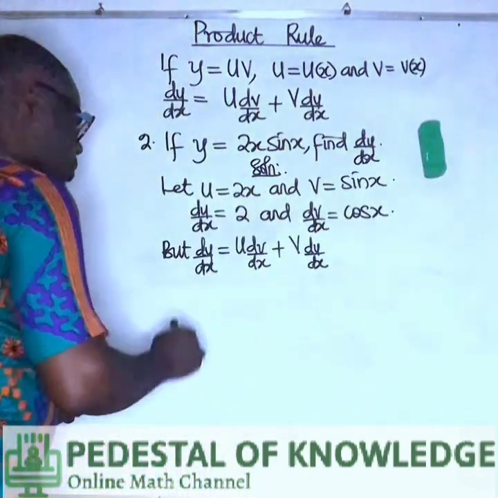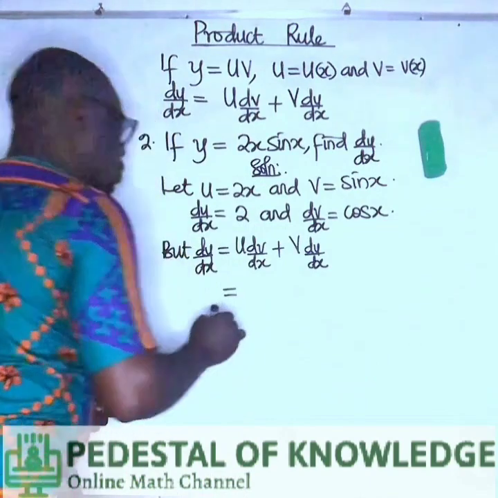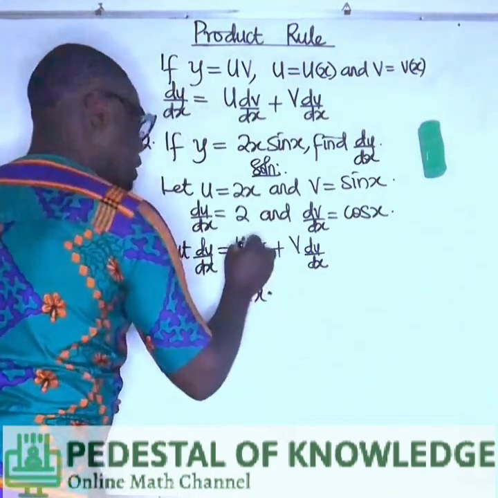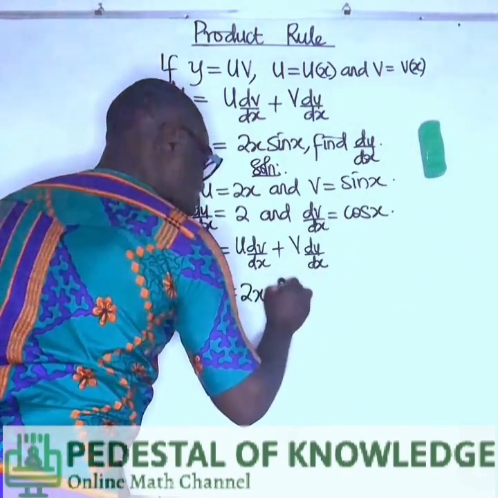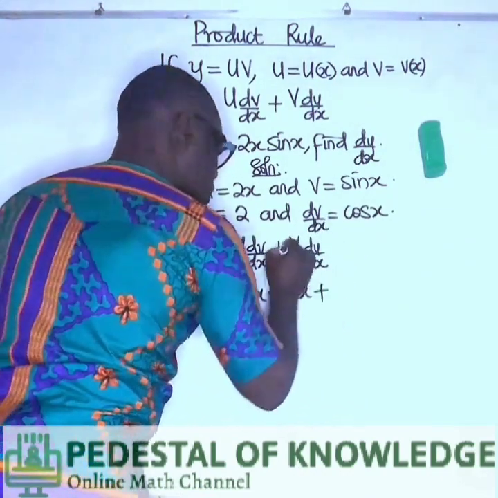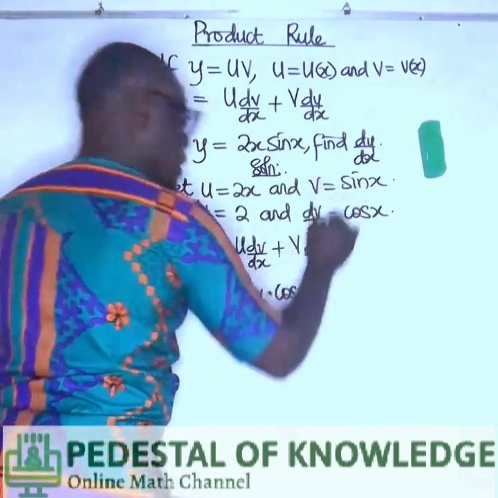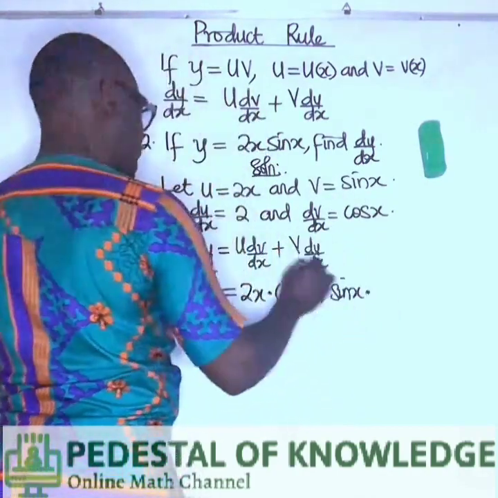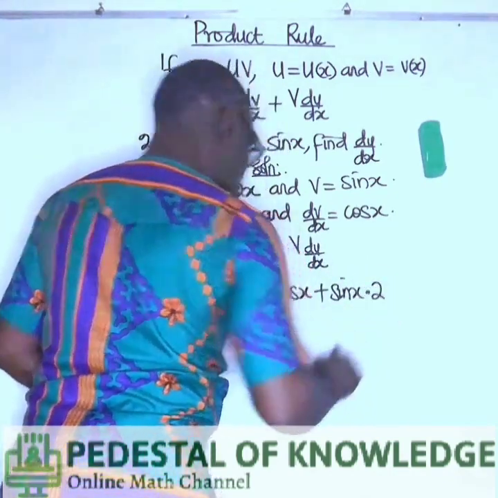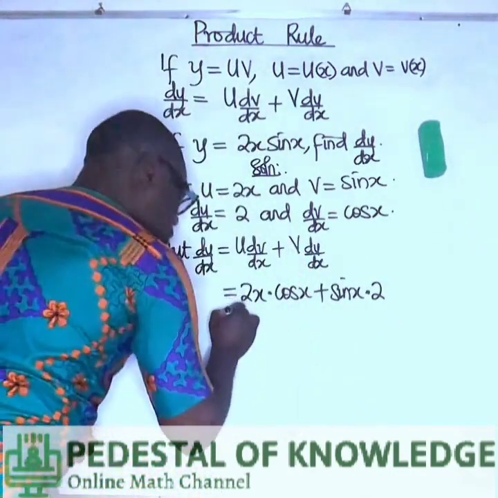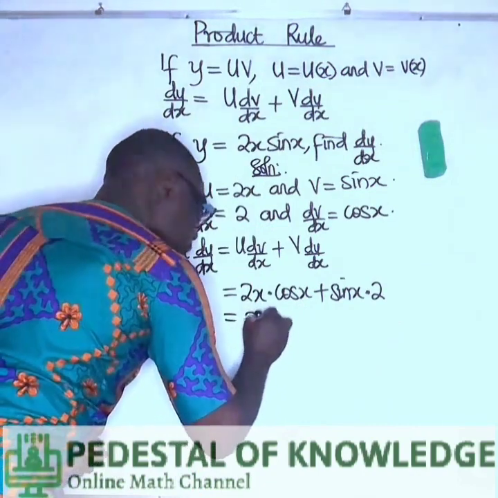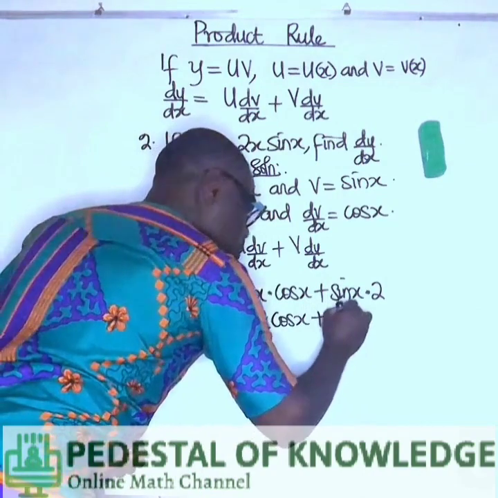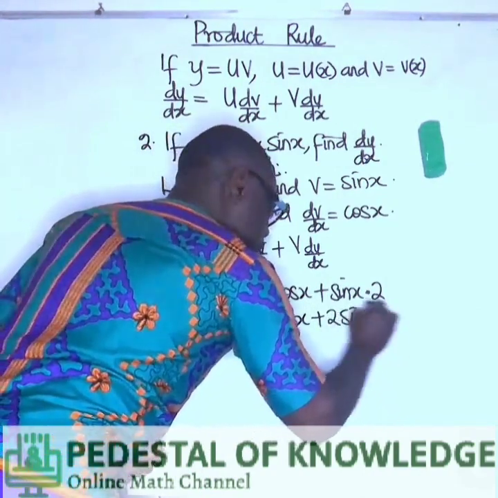All right, so dy/dx is equal to, u is 2x, you put 2x there, multiplied by dv/dx is cos x, then plus v is sin x, multiplied by du/dx is 2. So this is equal to 2x cos x plus 2 sin x.